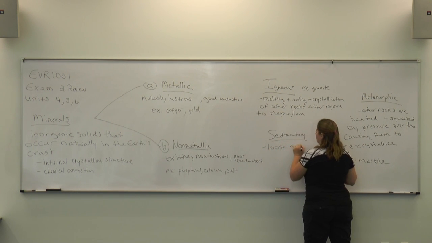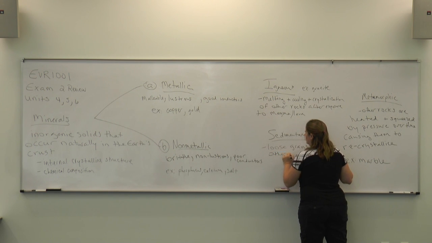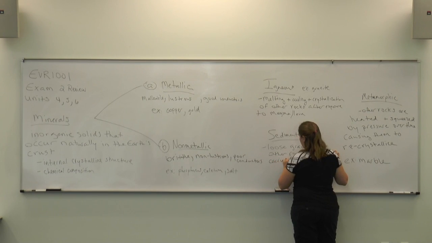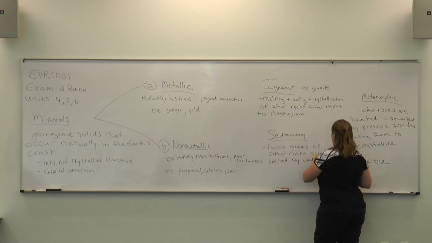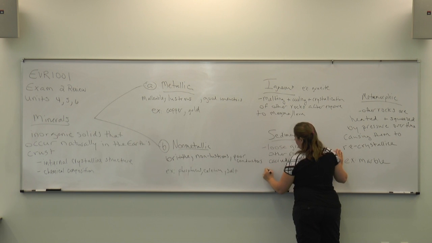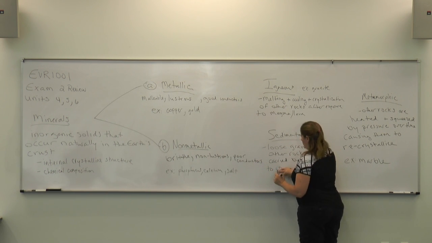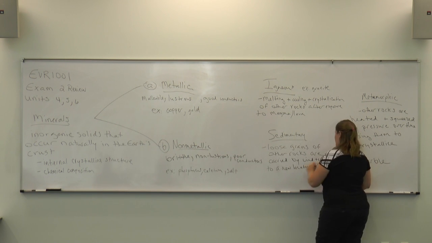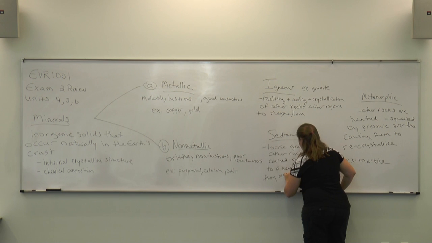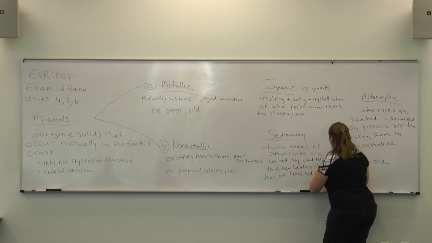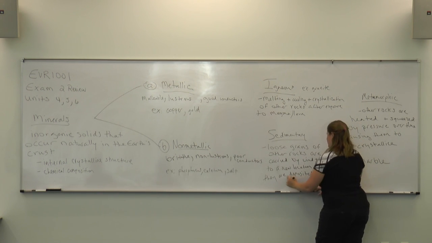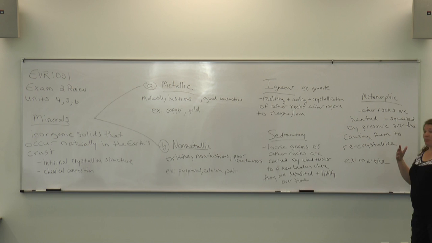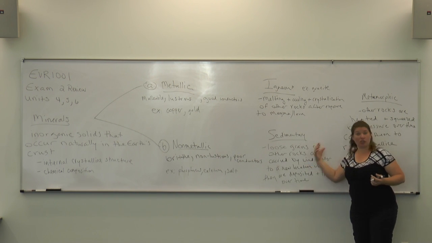So loose grains of other rocks are carried by wind and water to a new location where they are deposited and form sedimentary rocks, from the erosion and deposition of other rocks, right?